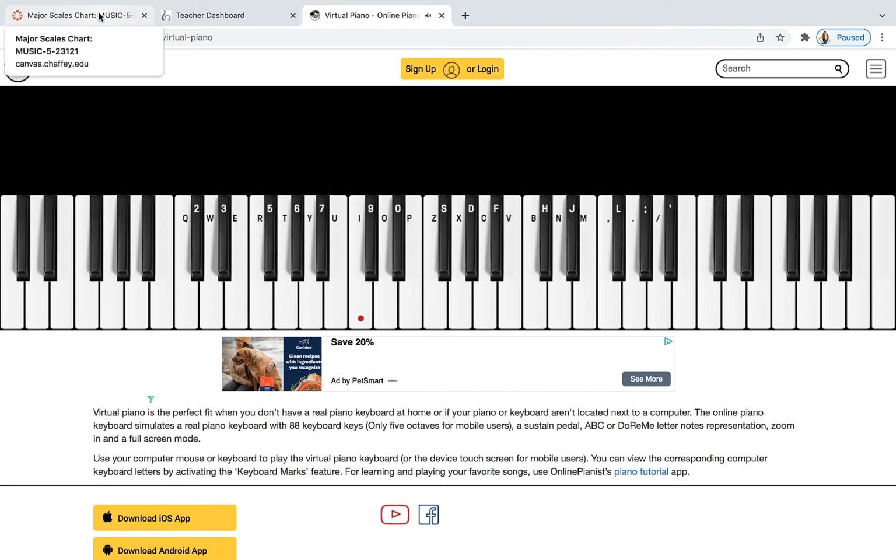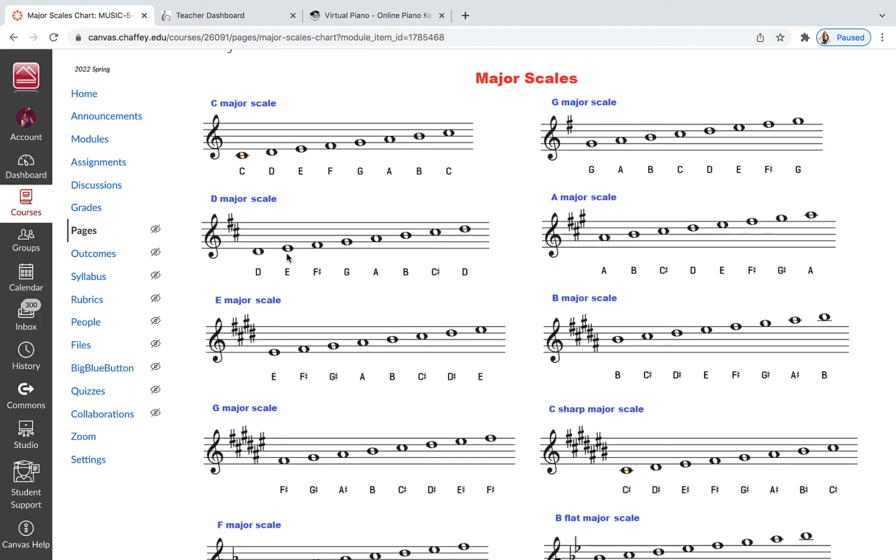We want to stay diatonic. D, E, F sharp, G, A, B. Same thing here. We do not call this C sharp D flat, even though it's the same, because we want to stay diatonic. One letter follows the next.